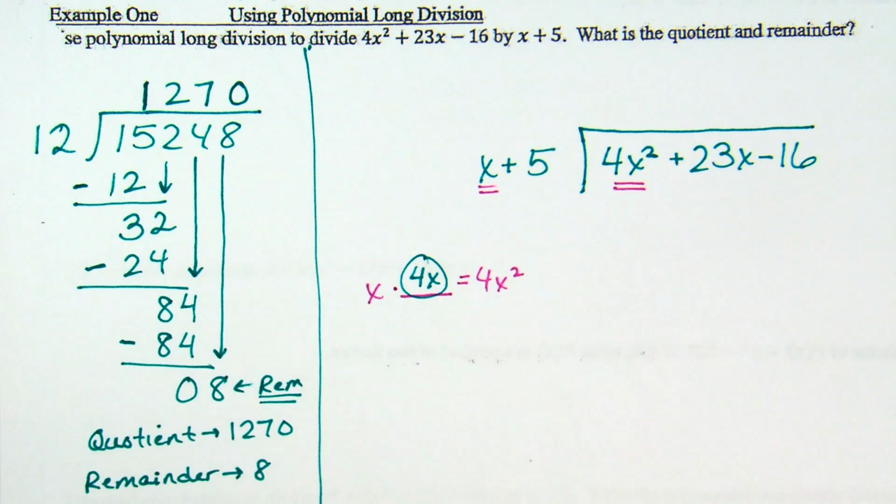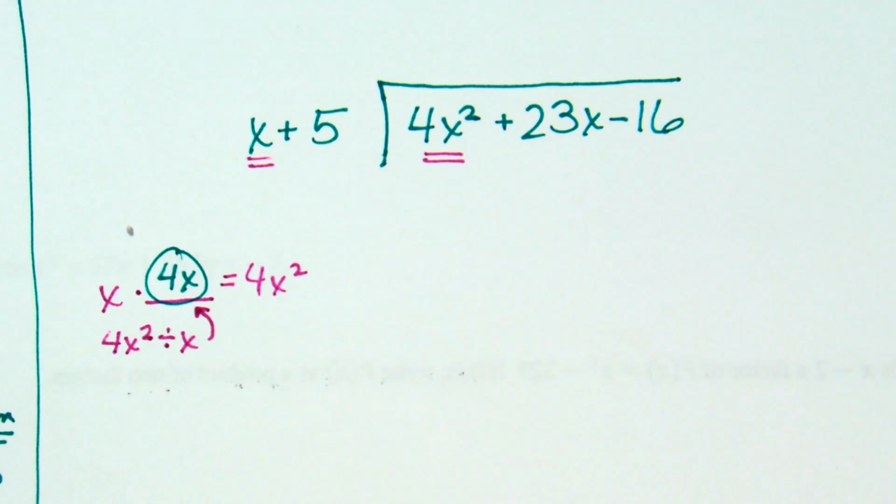Now, where am I going to put that 4x? Not on top of the 4x. On top of the 23x. Okay, now, here's my reasoning. Officially, even though we worked only with x and 4x squared, how many terms are in the divisor?